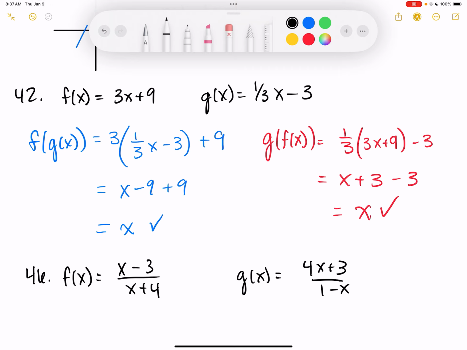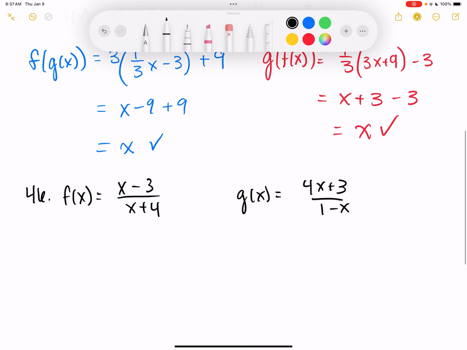So we do the same thing, but these are typically going to take up a lot more space because now there's two x's in here that this stuff has to get plugged into. So basically, I've got to plug in this whole function here and this whole function here, and then I've got to work and get it down. So start out with f of g of x.